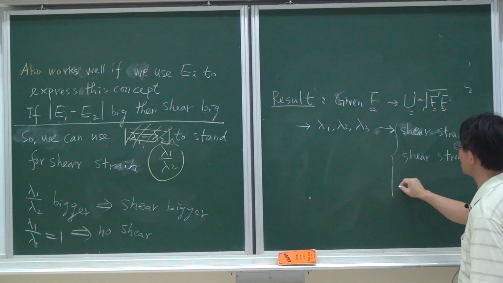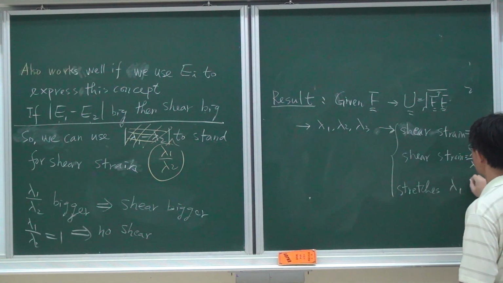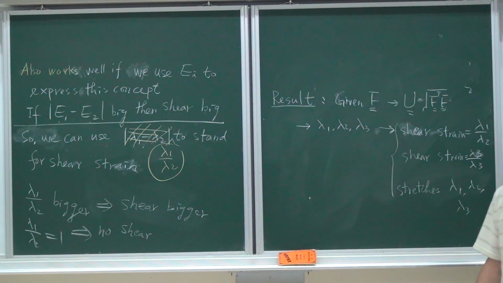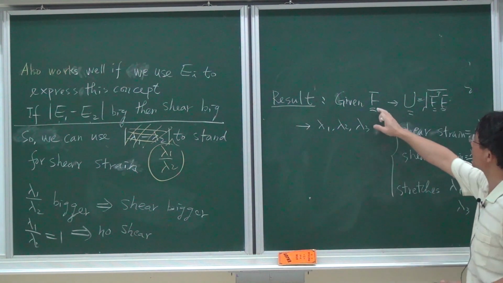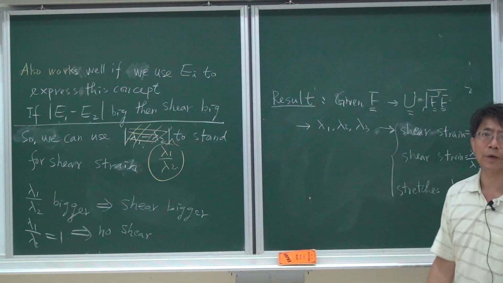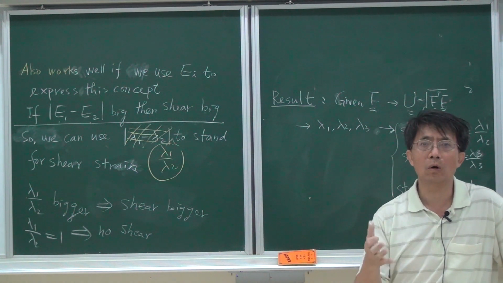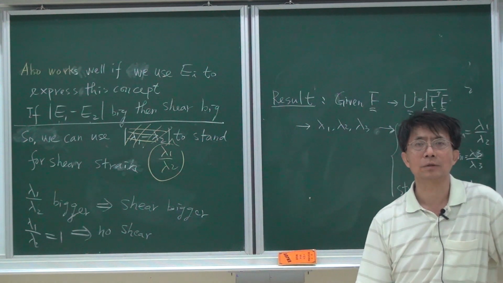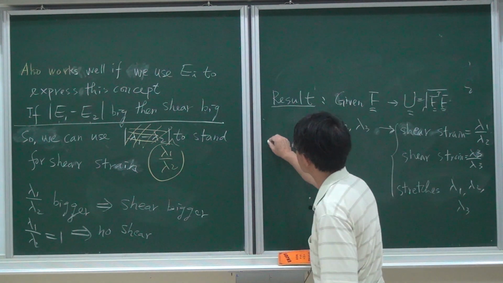Okay, and also you can call these the stretches, I mean extension or contraction. See, given a deformation, a general deformation F, you can compute U and then the principal values. So these three principal values, lambda 1, lambda 2, lambda 3, are all we need to represent the deformations.